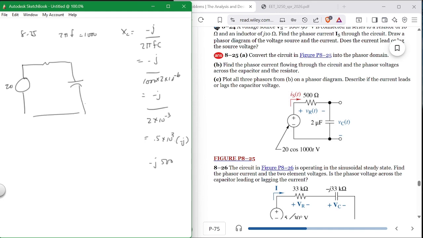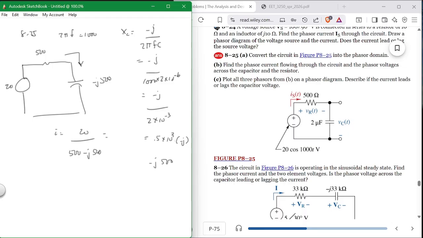Now you want to know the voltage across, you want to know the current, and you want to know the voltage here and the voltage here. So what would be the current? This is 500 and minus j 500. I is equal to V, 20, over 500 minus j 500. Okay, what would that be?